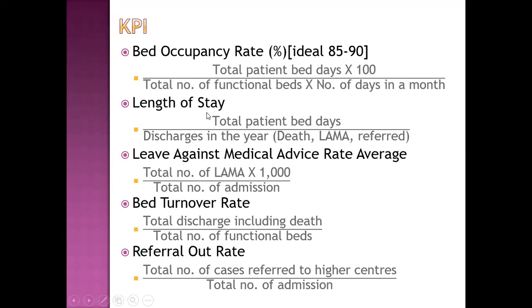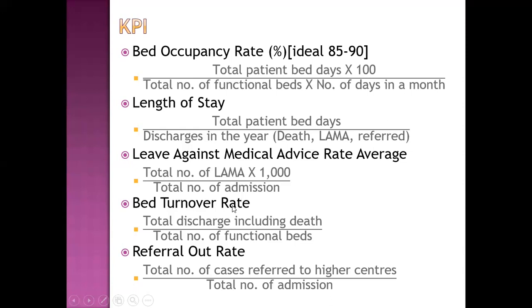Then length of stay or average length of stay is total patient bed days divided by discharges in the year. And discharges include deaths, leave against medical advice, referral, and discharge after treatments. Then leave against medical advice rate is equal to total number of leave against medical advice divided by total number of admissions per thousand.